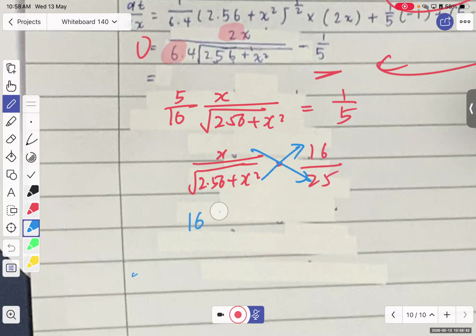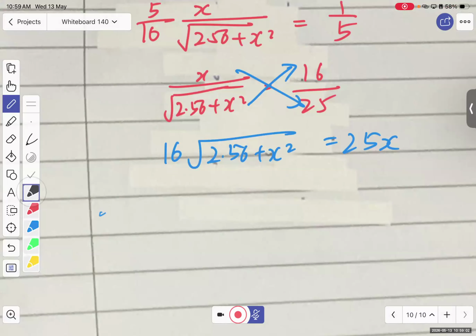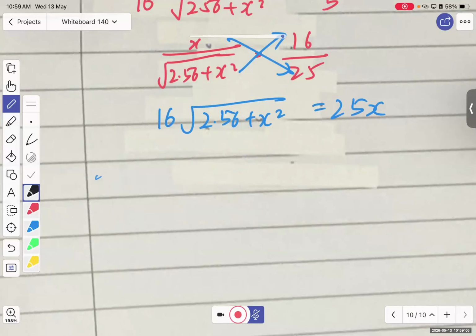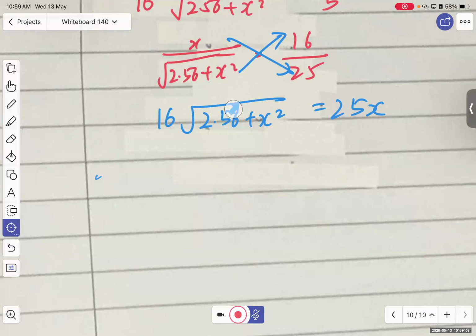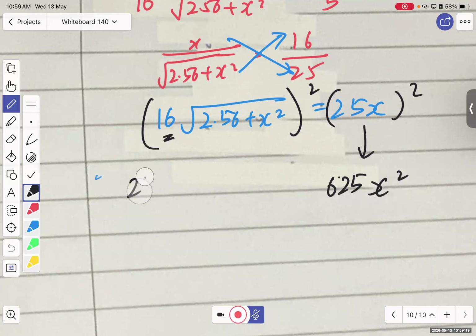Then you see that there's a square root here, right? Square both sides. When you square this, 25 squared is 625 x squared. 16 squared is 256 multiplied by 2.56 plus x squared.